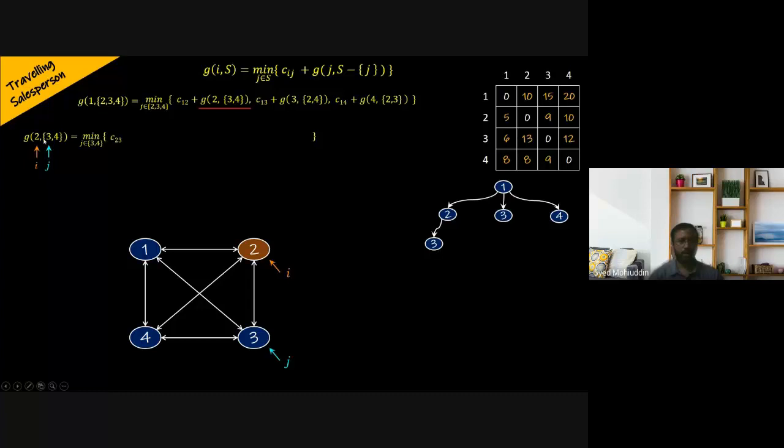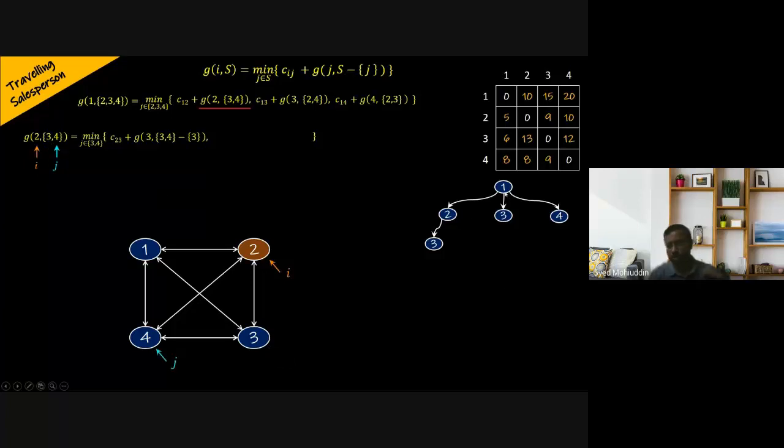So the cost will be C of I, J, that is the actual formula, C of 2, 3 plus G of 3, because J is 3, and the set S is {3, 4} minus J, which is 3. Then J will be 4, that is the next vertex.